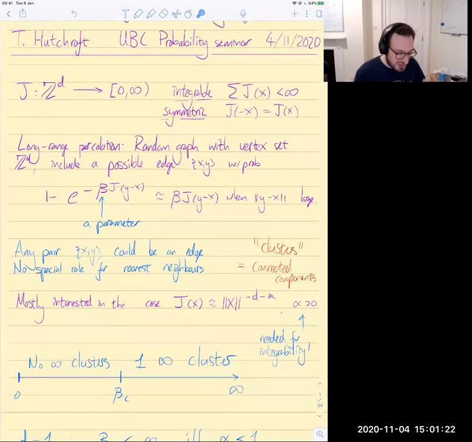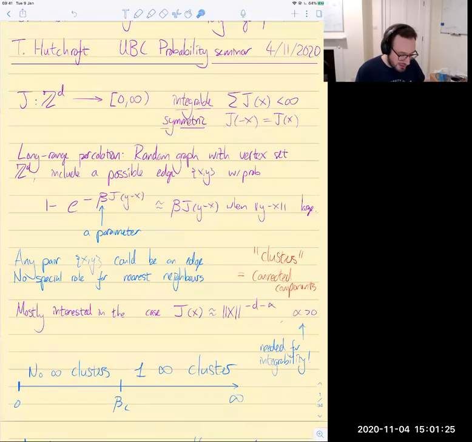In particular, I'm going to be talking about long-range percolation on Z^d. So we start with all the points of Z^d and no edges. And we have some function J, which is going to describe the probability of putting an edge between 0 and x.